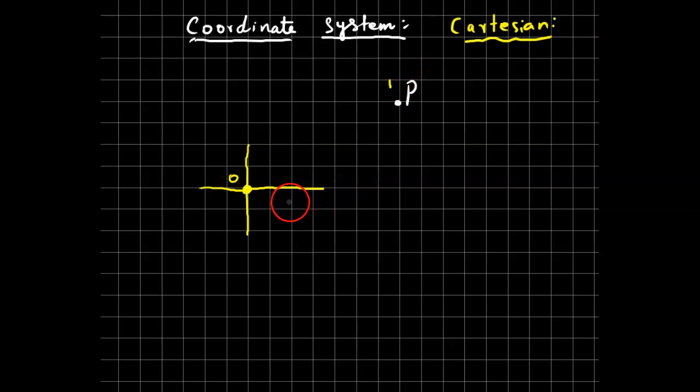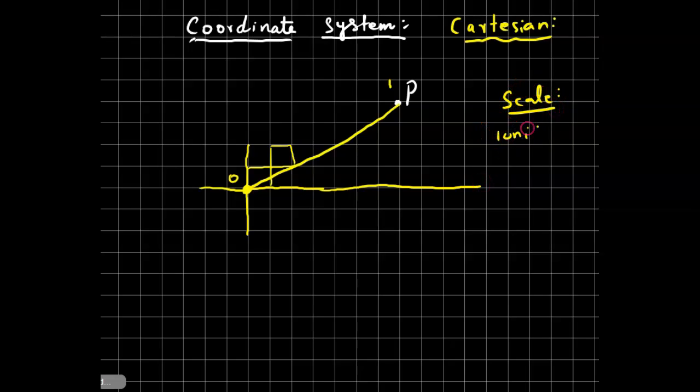What they will do, first they will draw a line, and here you know these blocks, right? Each block will have a scale in the horizontal. Each one box means one unit. It may be 5 kilometers, it depends on what system they are following.